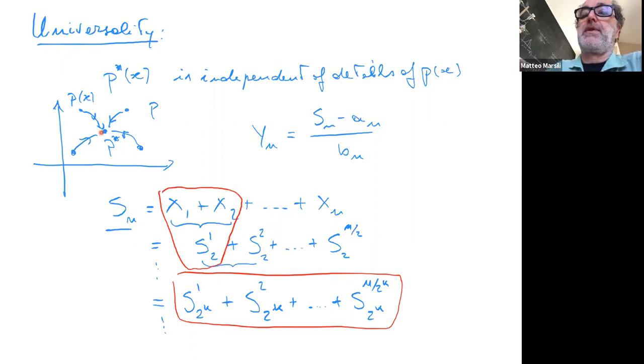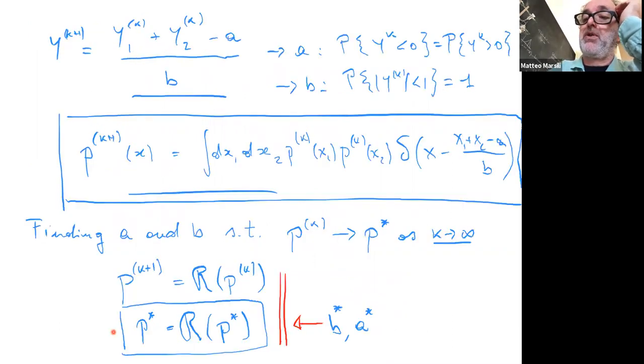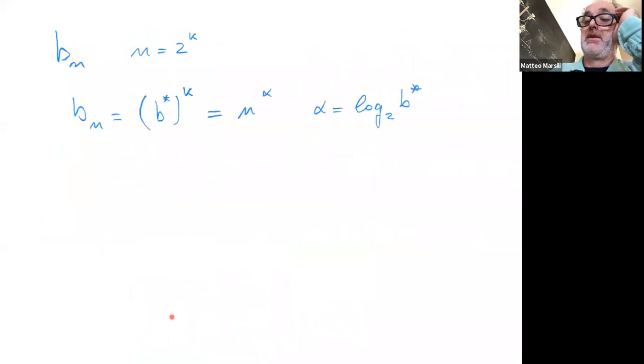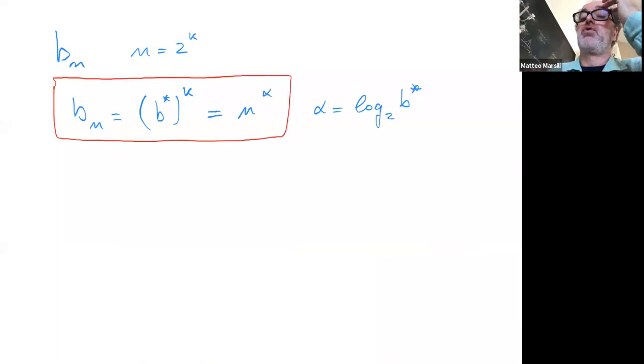So the consequence of the fact that there exists a fixed point is twofold. On one hand, you find that the distributions are universal. The fixed point of this solution is independent of the original distribution from which you start. And the second consequence is that generally you expect that the way in which you should scale your random variable takes a power law behavior.